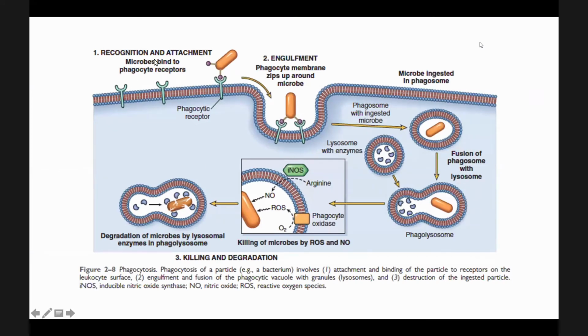So you see microbes bind with these receptors in the cell walls, they try to engulf it, put it inside, and here they will start to produce free radicals like nitric oxide and reactive oxygen species, whose main purpose is to break down these microbes. That is what happens in your phagolysosomes.